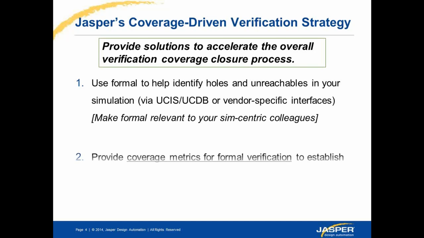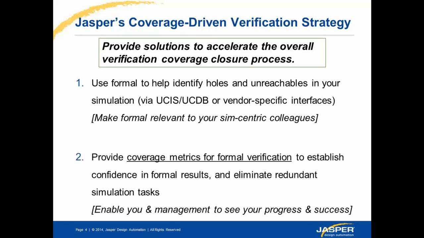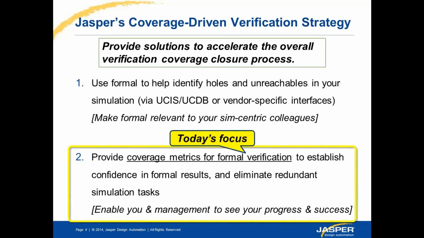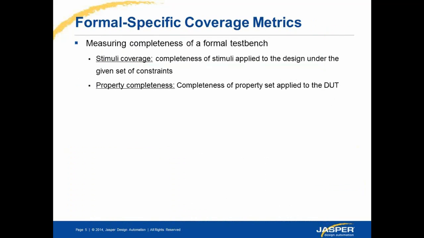The second one is actually coverage metrics for formal verification. The idea is to define a metric, and Jasper has come up with one to quantify and qualify the formal verification effort you have done so far. And this will be the focus of my presentation here today.